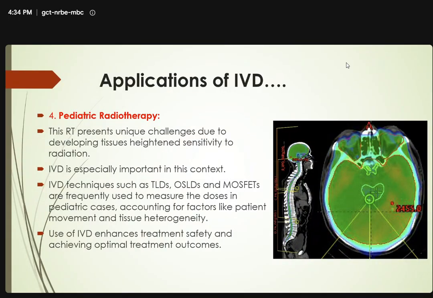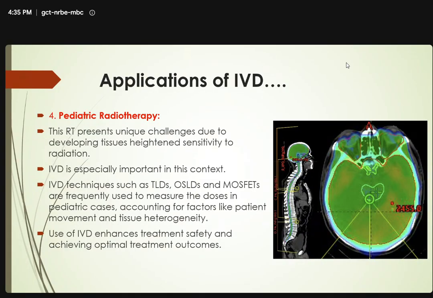This IVD has a role in pediatric radiotherapy also, because a small child is very sensitive to the radiation. So this in vivo dosimetry of course has a role for pediatric radiotherapy cases. This represents unique challenges due to developing tissues and heightened sensitivity to the radiation. In vivo dosimetry is especially important in this context.